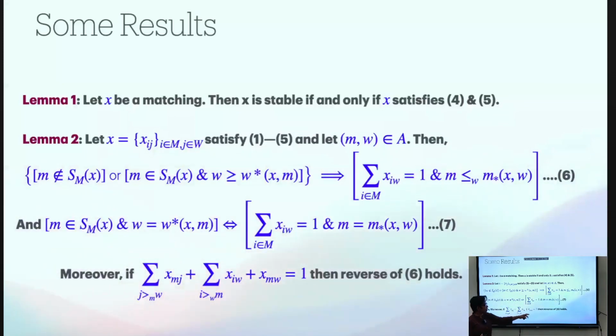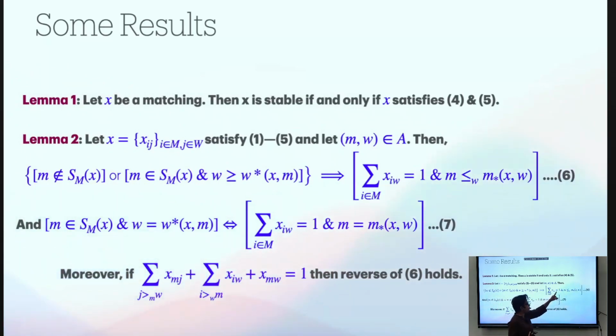And this basically would mean that either M and W are matched to each other, or M is matched to somebody strictly better than W, or at least W should be matched to somebody better than M. That's the standard blocking pair condition, at least avoiding blocking pairs. So this means when M is completely unmatched, this is when M is matched, but W is at least better than whoever this man M's current partner is, then it implies, so why didn't W get matched to M?